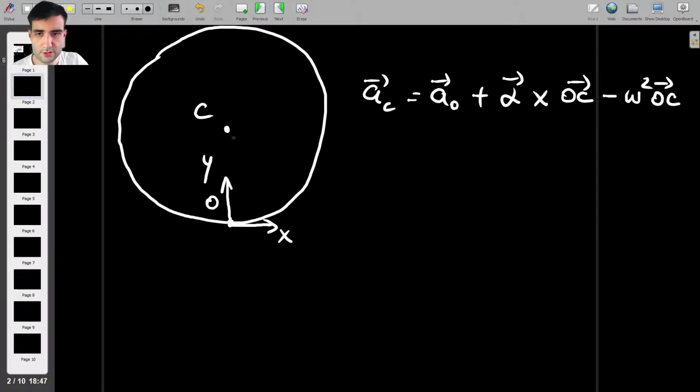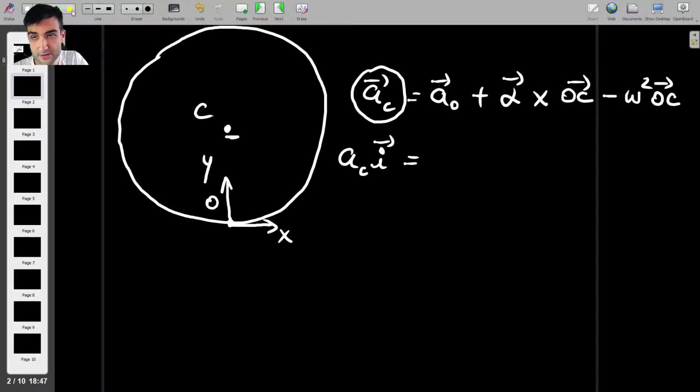This is what we're trying to find, and because the center of the cylinder is moving along a straight line, this acceleration only has an x component, so it's AC times i only.